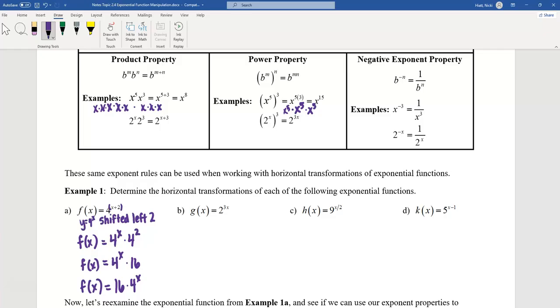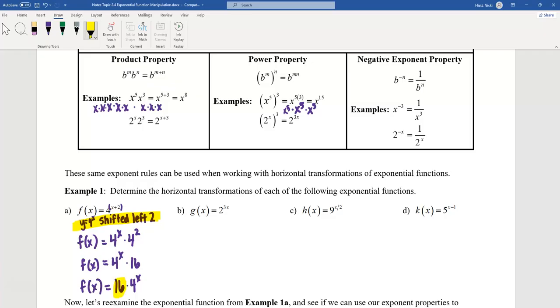Have I gone ahead of myself? I've gone way ahead of where I'm supposed to be going because I did not read the directions carefully enough. The directions say, determine the horizontal transformations of each of the following exponential functions. They did not ask us to go vertical yet, did they? No. I was really supposed to stop right here for that. But since I went too far, what are we ending up with down here at the end? It's not a shift left or right anymore.